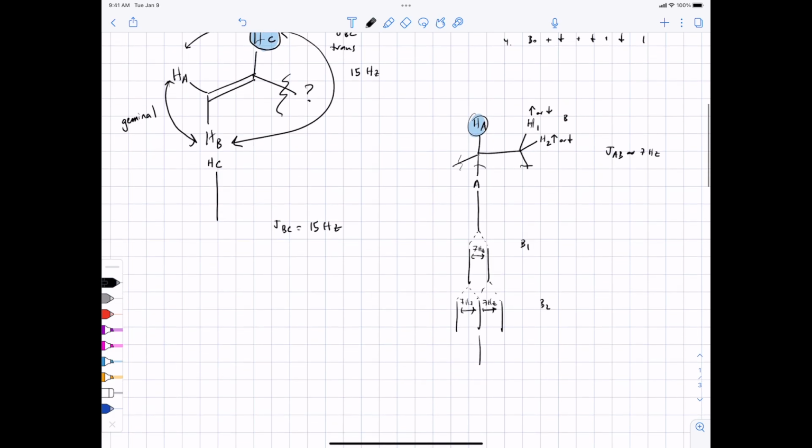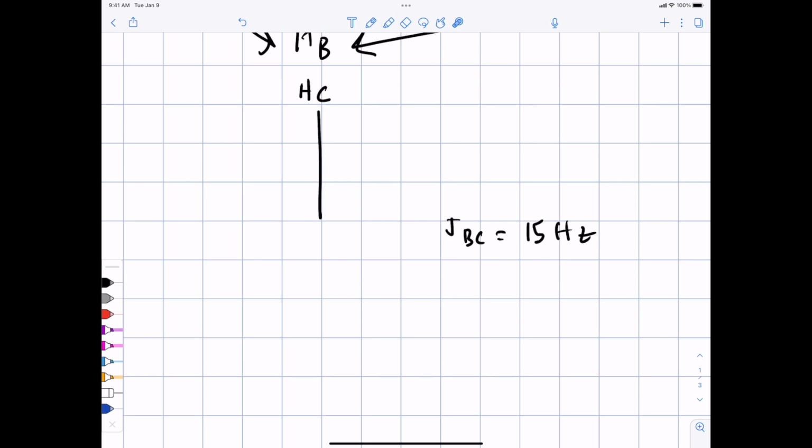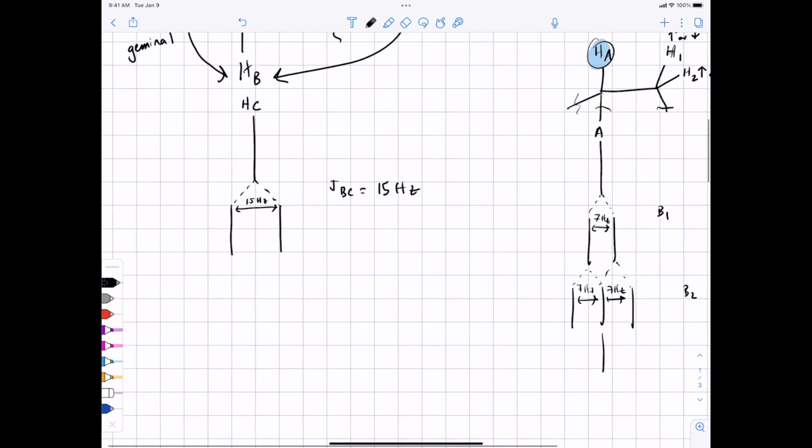So it looks like, if we're drawing everything to scale, 1 square is about 7 hertz. So a 15 hertz coupling constant would be something like this. All right, so if we turn on the coupling constant between B and C, we should get this 15 hertz spacing between the two peaks.